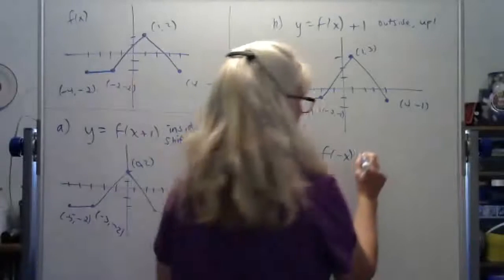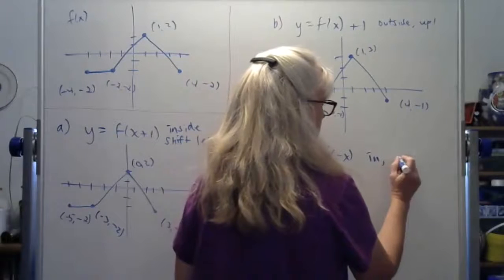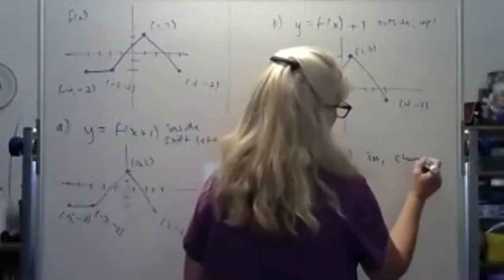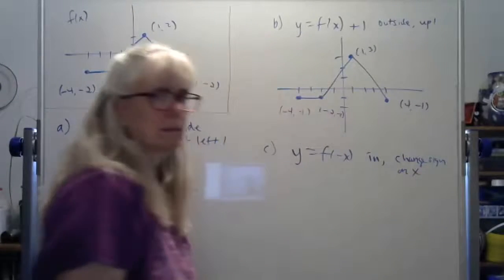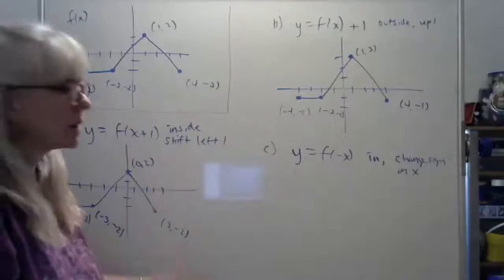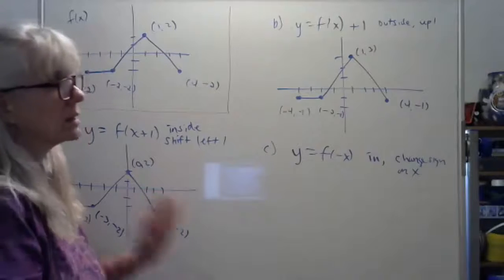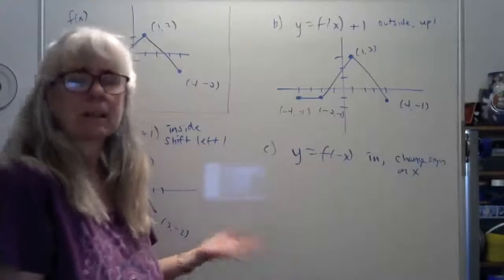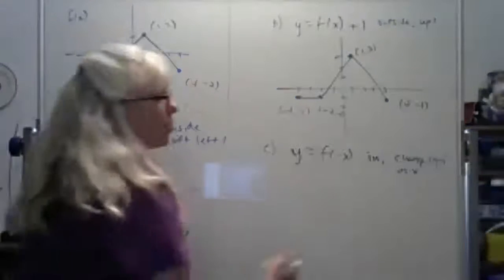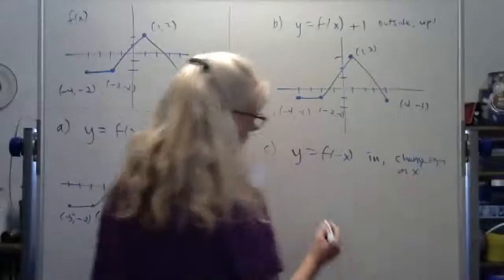Okay. So if it's in, it's going to change the sign on the x. Because on the inside, it does the opposite of what you say to the x value. So instead of multiplying by a -1, we're dividing by a -1, but the net impact is the same. So we're just going to come in and change the sign on all the x's.